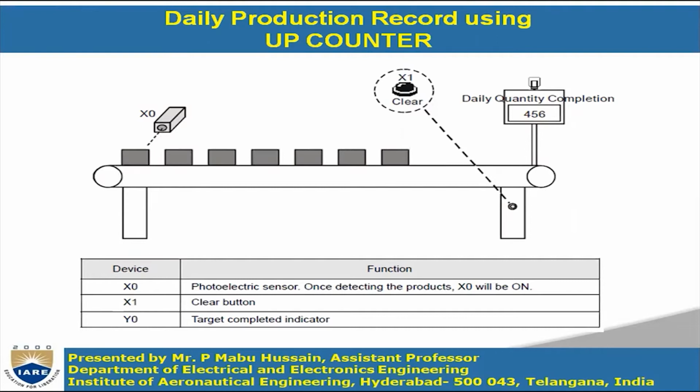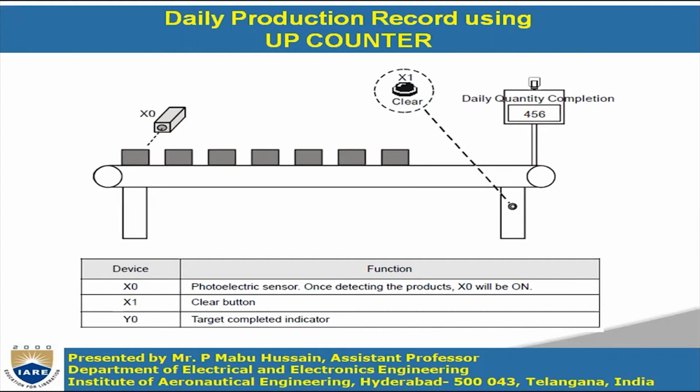Whenever the photoelectric sensor X0 detects the product, X0 will turn on and it will increment the counter by a value of 1. Like that, as the products come in, the counter goes on increasing one at a time, up to 500. So 500 is the target.